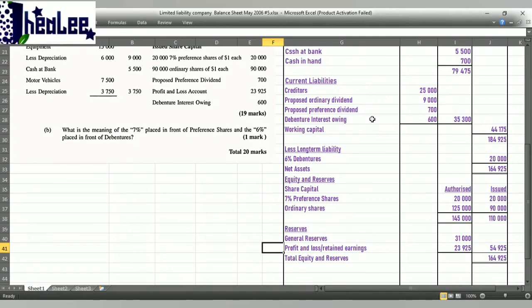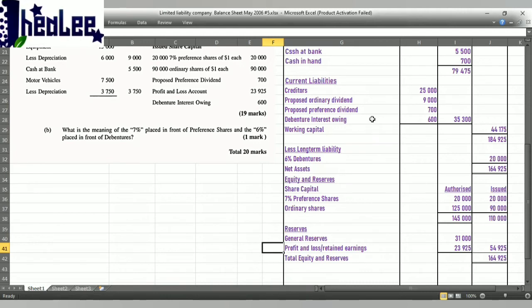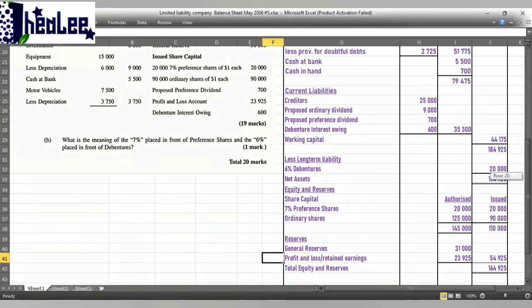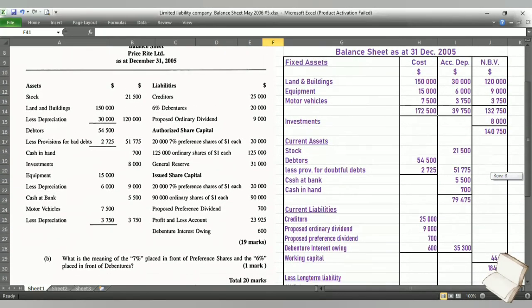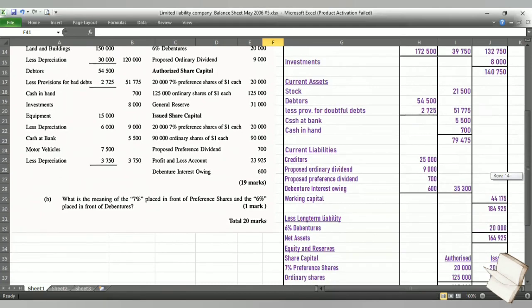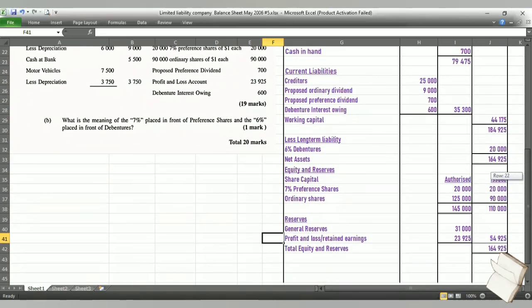So therefore, upon calculating that, it is a liability. It is a current liability that the business will have to pay over. So that takes us to the end of this session, where we focus on preparing a balance sheet for a limited liability company.